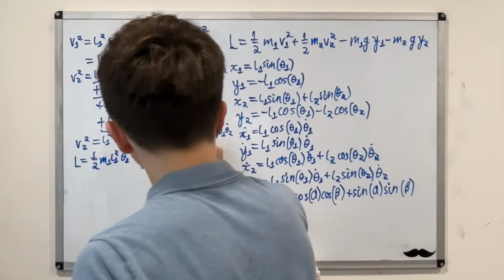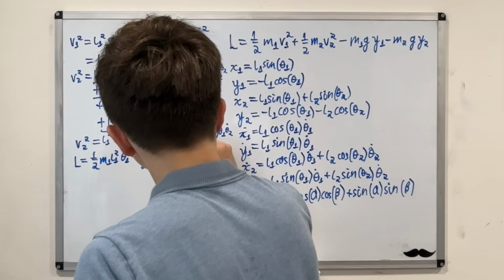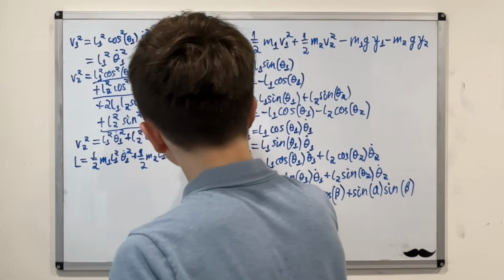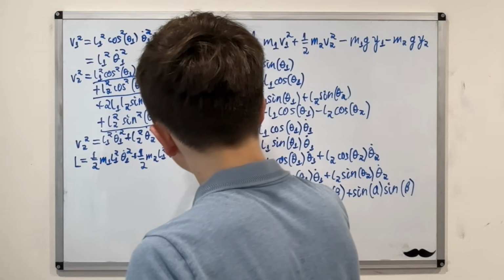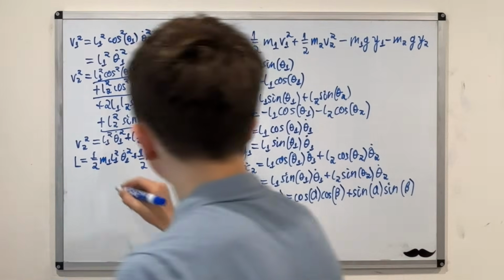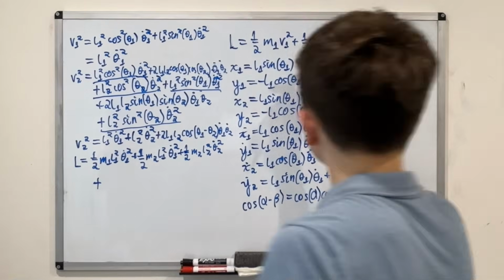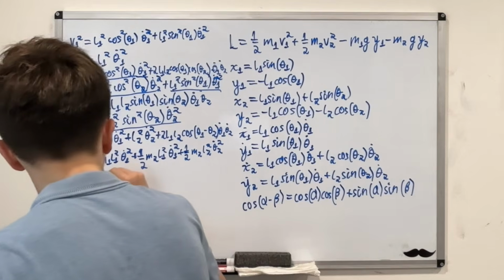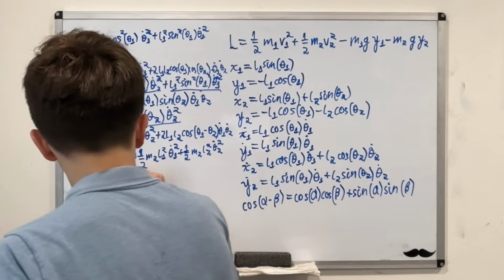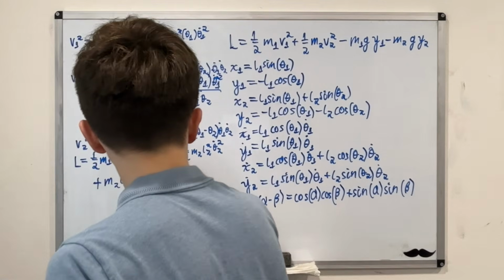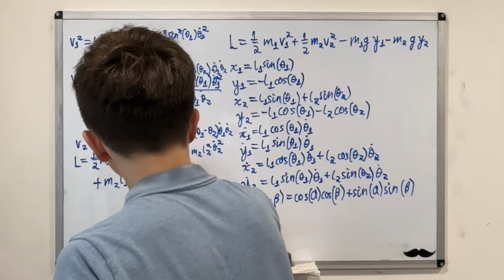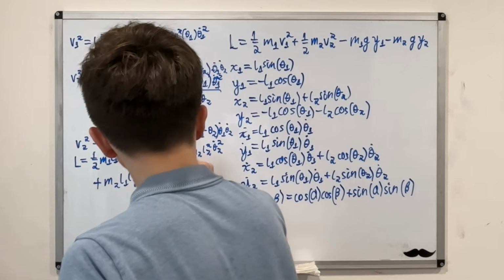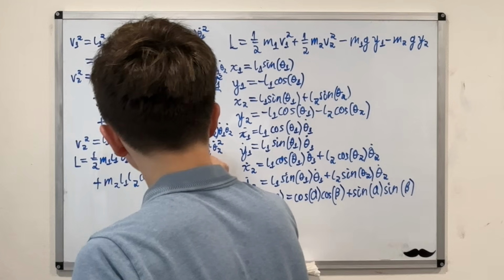Then we're going to have 1/2 m2 times L2 squared theta 2 dot squared. Then here the 1/2 is going to cancel with the 2, so we're just going to have m2 times L1 times L2 times cosine of theta 1 minus theta 2 times theta 1 dot theta 2 dot.